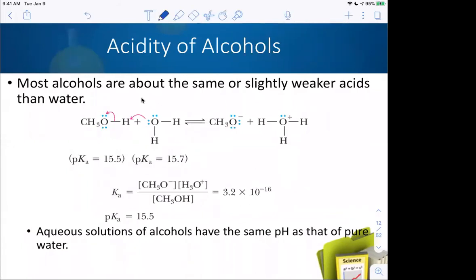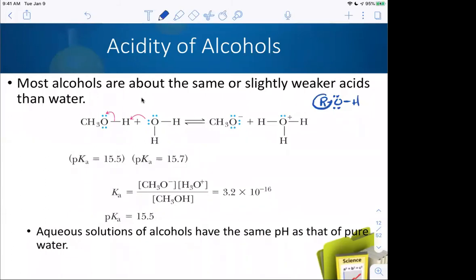Another property of alcohols is, we know from looking at water that water is called amphoteric because it can act as a base or an acid. Well, the same thing can happen with alcohols because remember, I basically have a very similar structure to water.